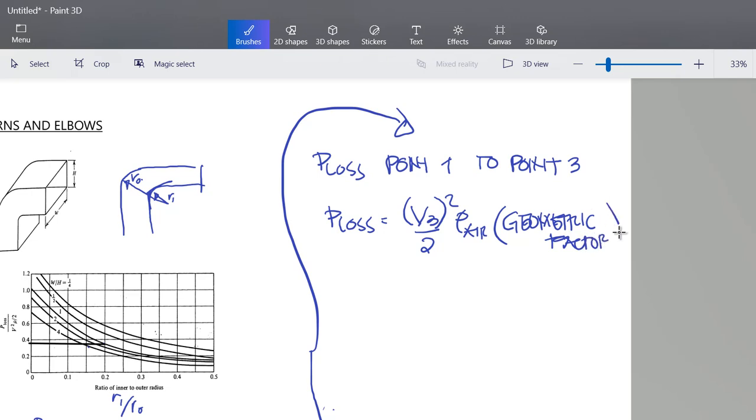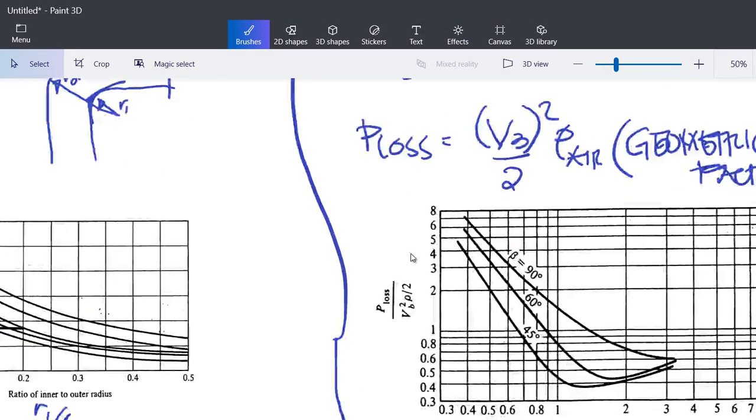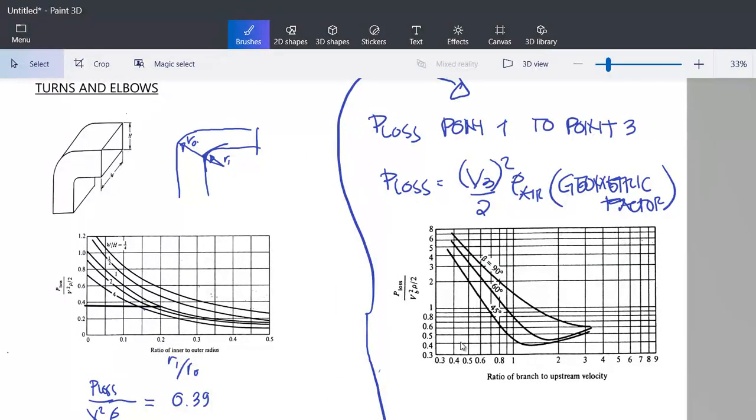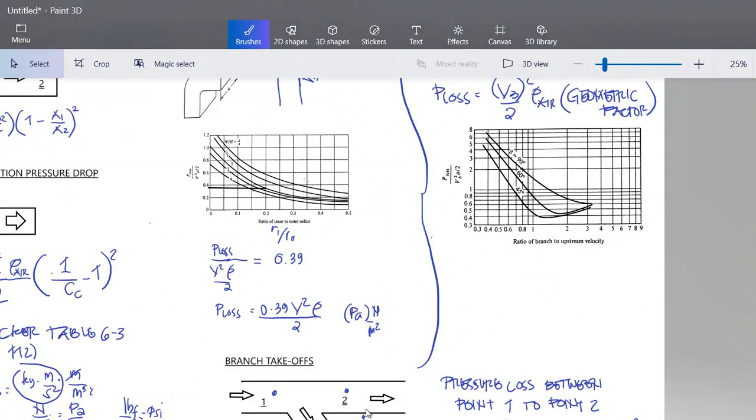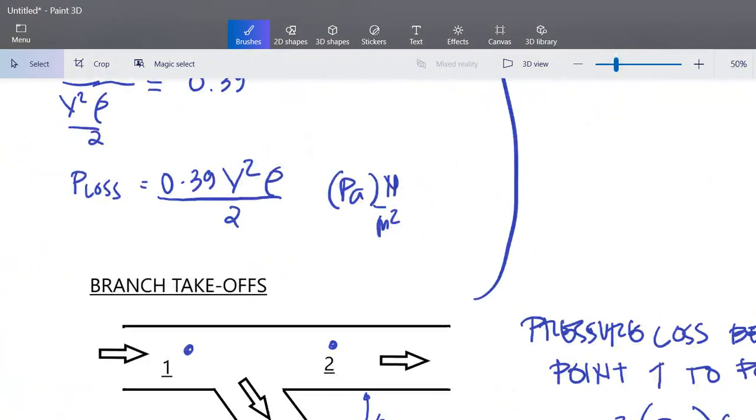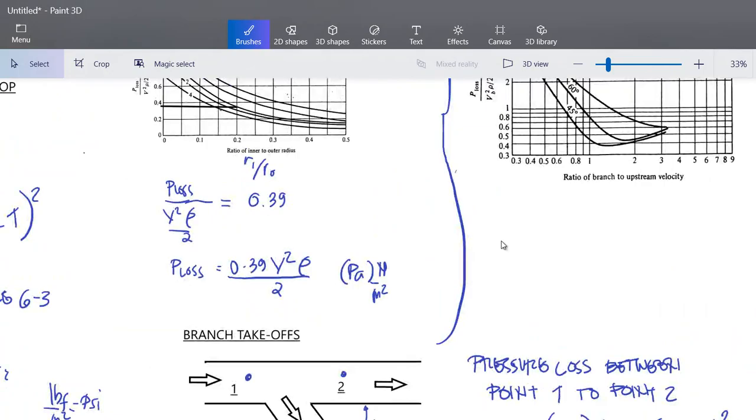Since the take-off varies, sometimes that is 90 degrees, okay, so mitered type of branches. Okay, so the geometric factor can be obtained here. Since we are given the angle, how much is the angle?